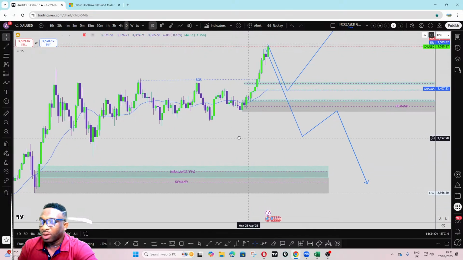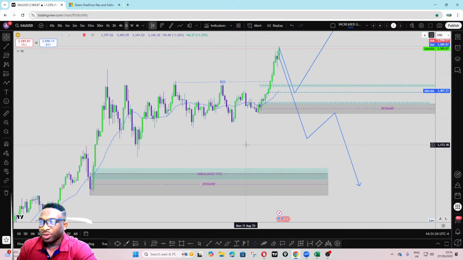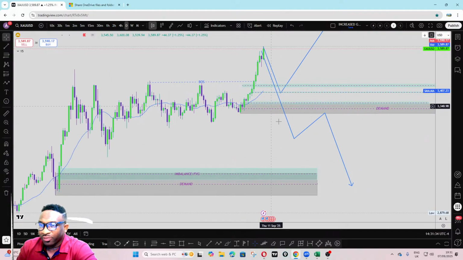So all we are looking at is, we're not here to predict or force our narrative on the markets. We're only going to trade what we see. So over here, we want to use a confirmation entry if we want to take a trade from here.